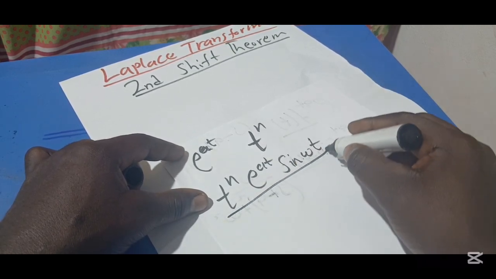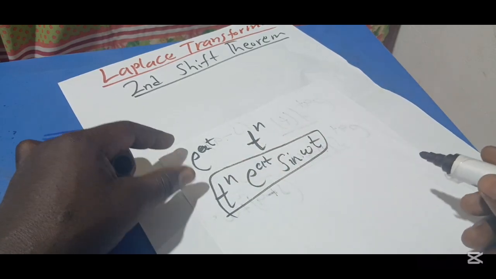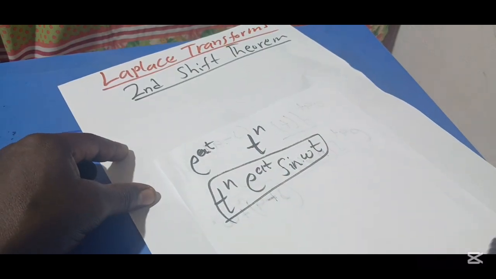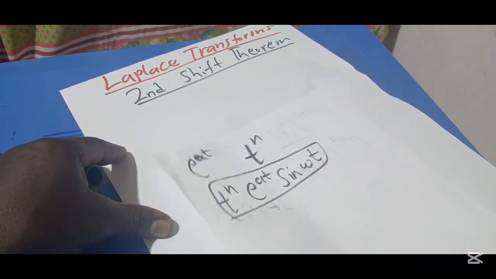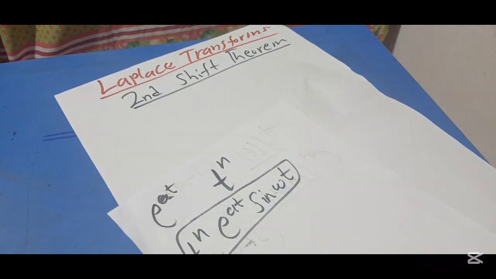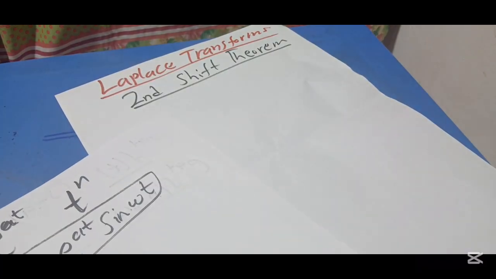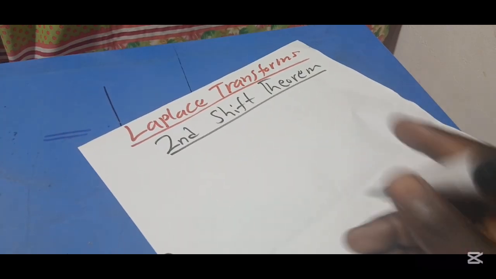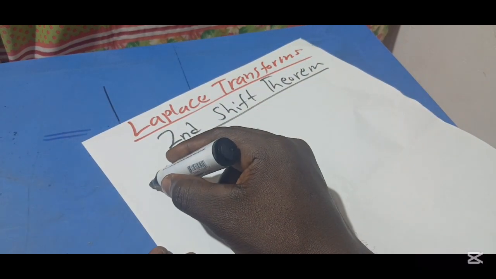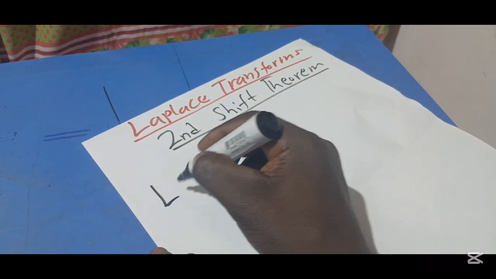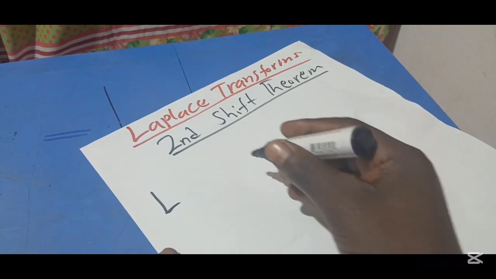So how do we solve those problems? That is what led us to the treatment of the second shifting theorem. Without wasting much time, this is the basic definition for the second shifting theorem.